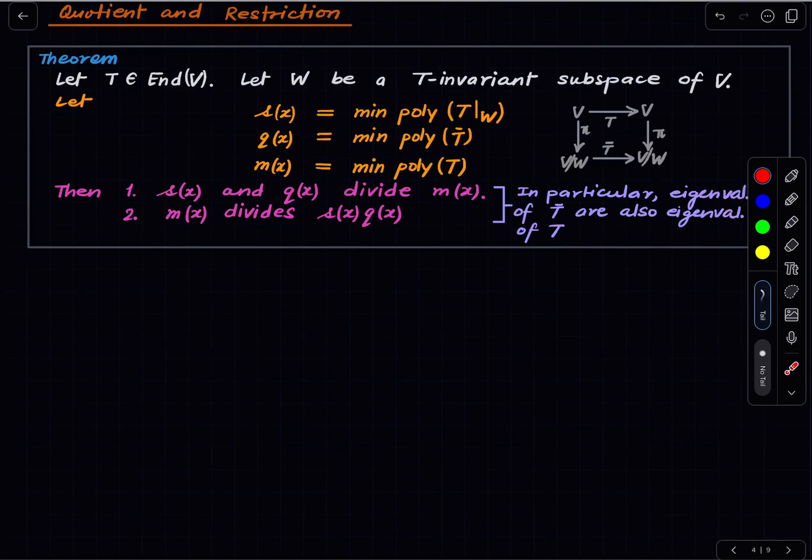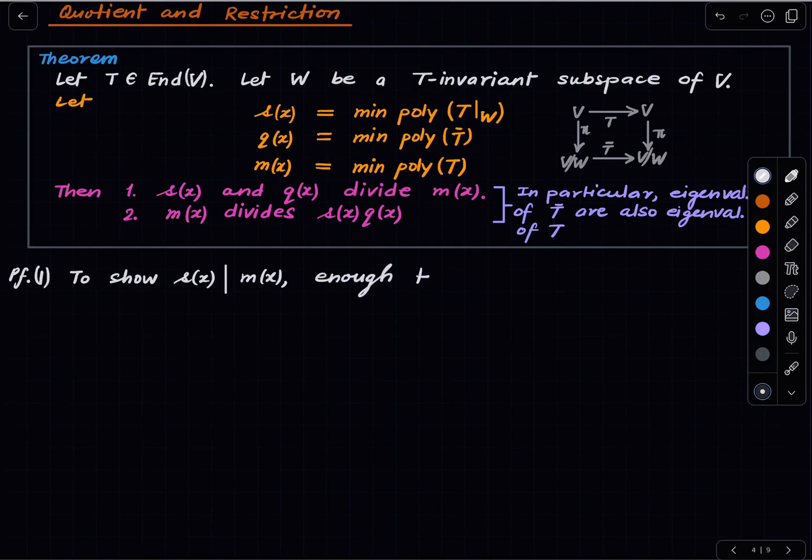First, we will prove this part. Okay, so to show that Sx divides Mx, it is enough to show that this is 0. So why is this?